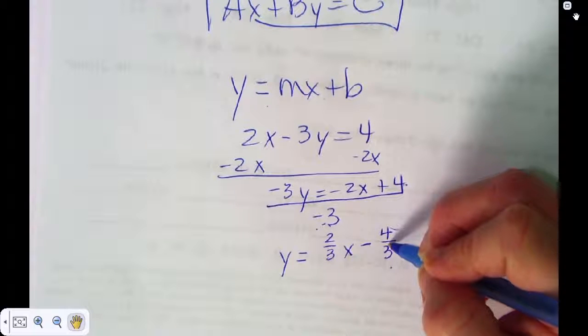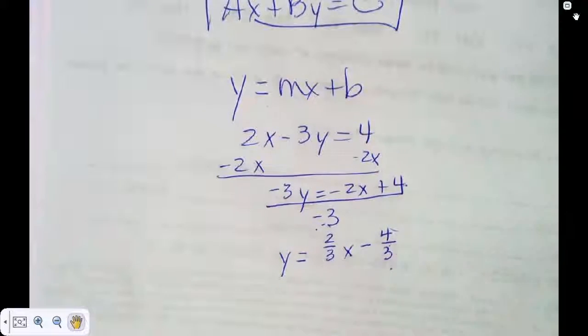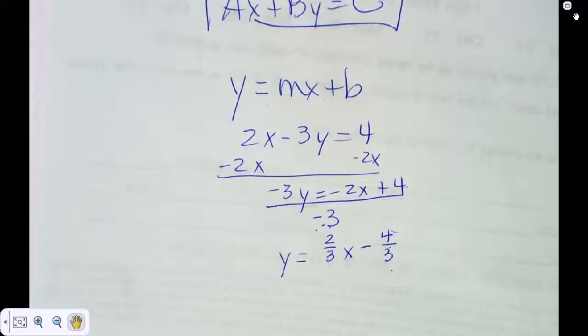But let's say that I want the x and y intercept. What would you do at this point? Talk me through it. Two things you can do. If I want the x and the y intercept, I could replace them with zeros.